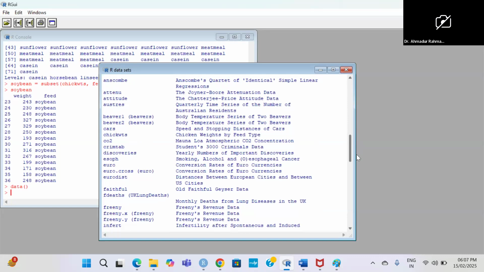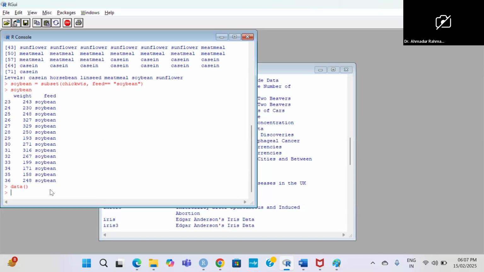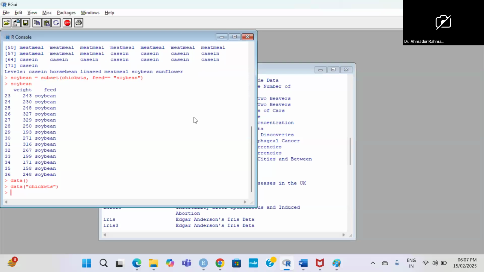Where is this chick weight? To read the data from this, write data and then double quotes. Within double quotes, write the name of the data set, and then enter. If there is no error, that means this data is available.